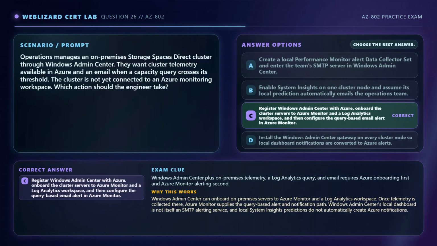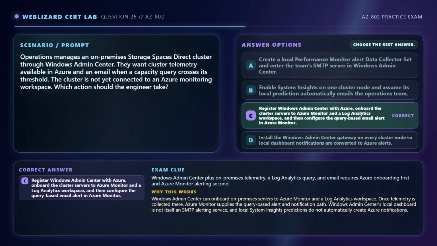Windows Admin Center's local dashboard is not itself an SMTP alerting service, and local System Insights predictions do not automatically create Azure notifications. Windows Admin Center plus on-premises telemetry, a log analytics query, and email requires Azure onboarding first and Azure Monitor alerting second.